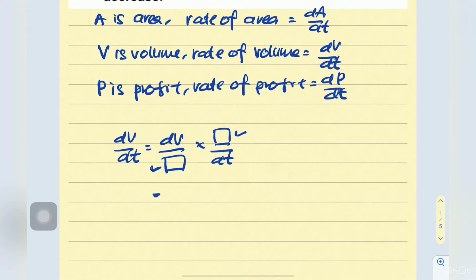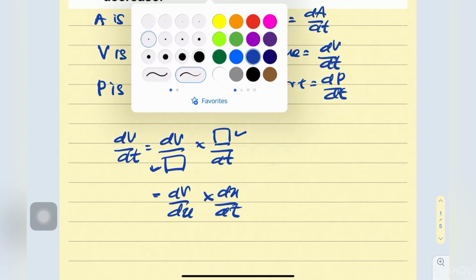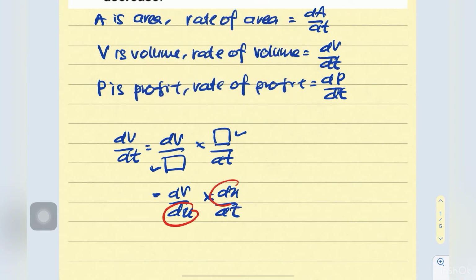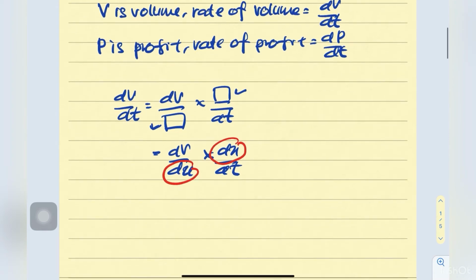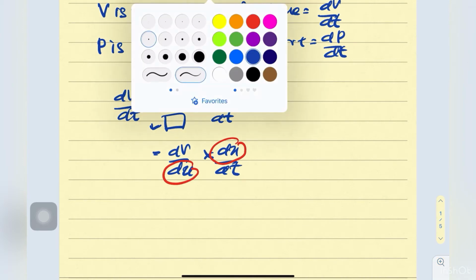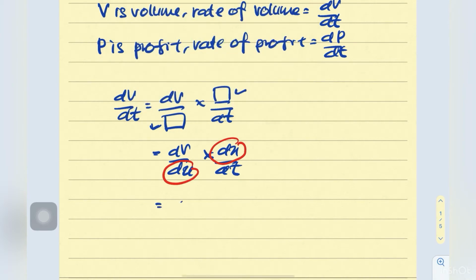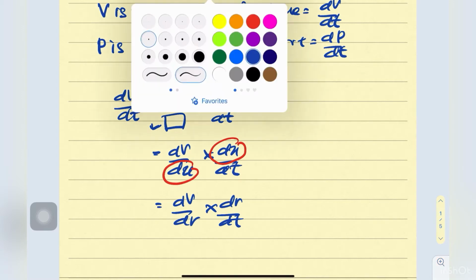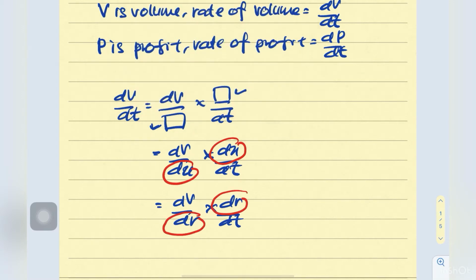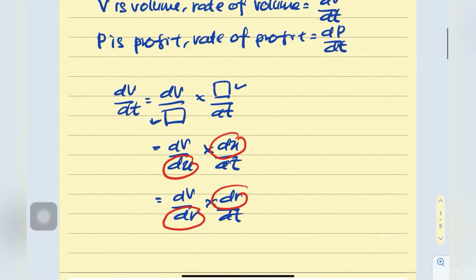It could be dV/dx times dx/dt, or it could be dV/dr times dr/dt. These two must be the same. This is what we call the chain rule.